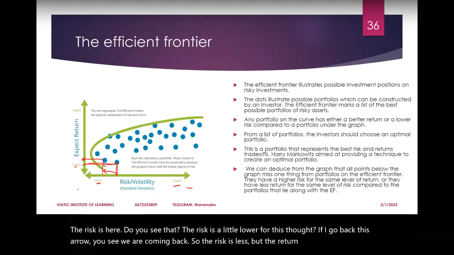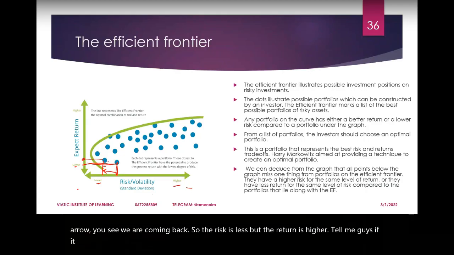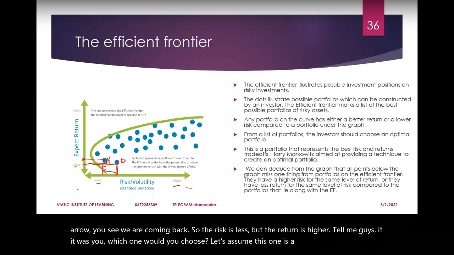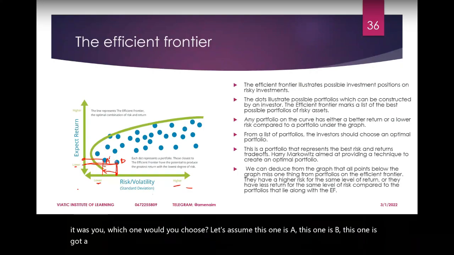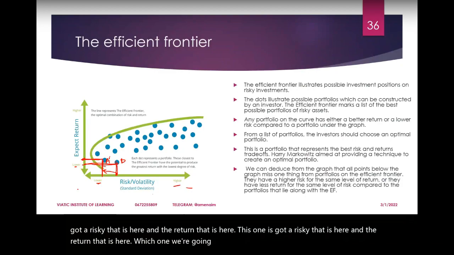Tell me, guys, if it was you, which one would you choose? Let's assume this one is A, this one is B. This one has a risk that is here, and the return that is here. This one has a risk that is here, and the return that is here. Which one are you going to choose for investment?